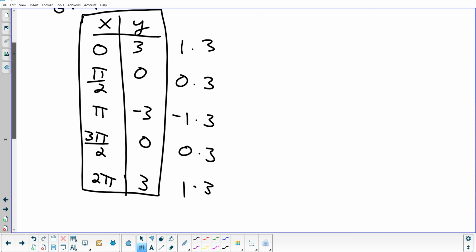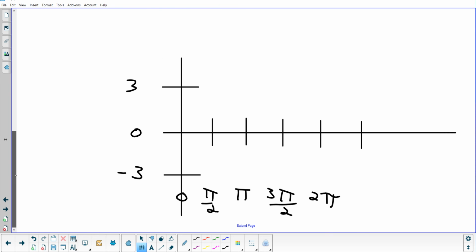And plot your points: 3, 0, negative 3, 0, 3. Make your sketch. And that's the graph of 3 cosine x.